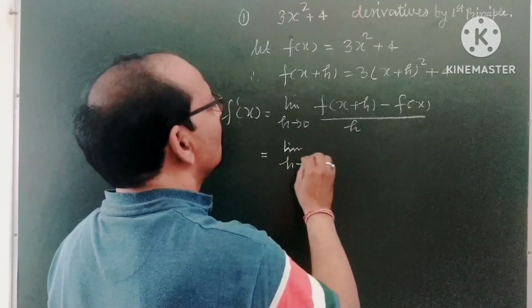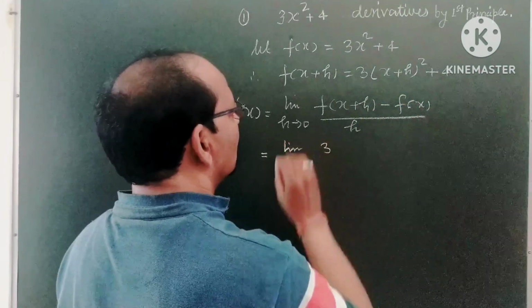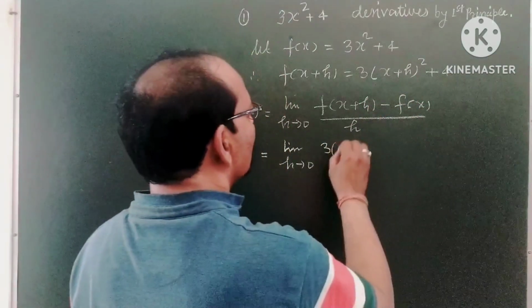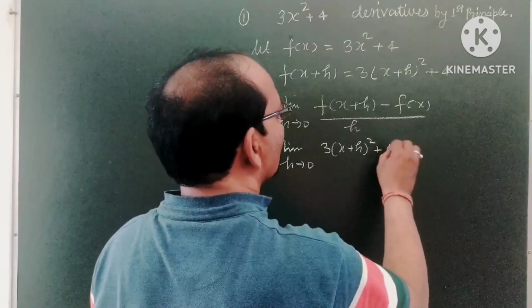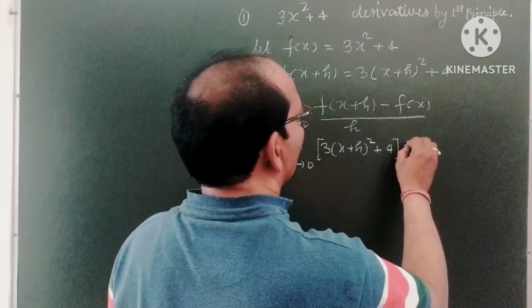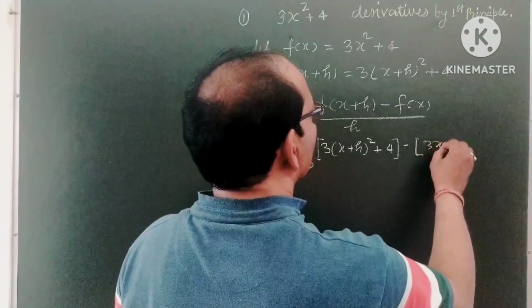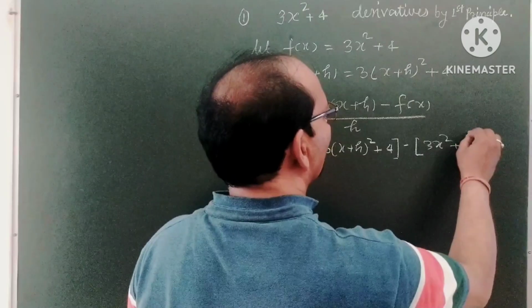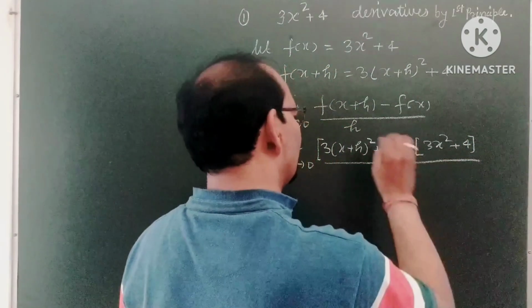limit h tends to 0, f(x plus h) will be 3 times (x plus h) whole square plus 4, minus f(x), that is 3x square plus 4, by h.